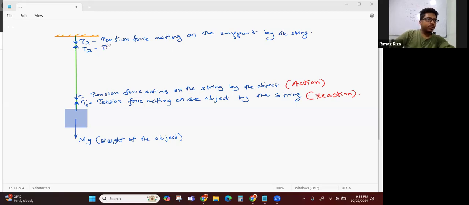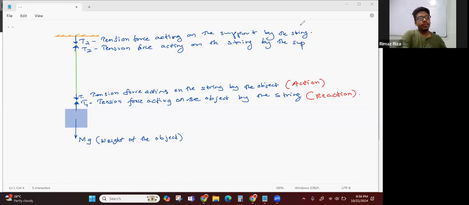And this is the tension force acting on the string by the support. So here, if you consider this as the action, then this is the reaction.